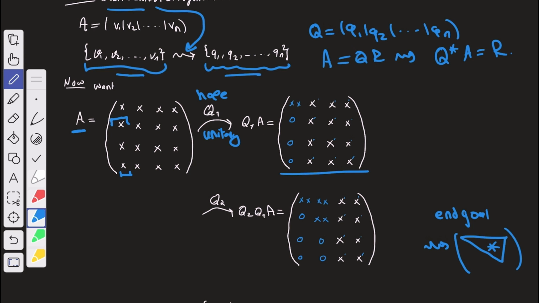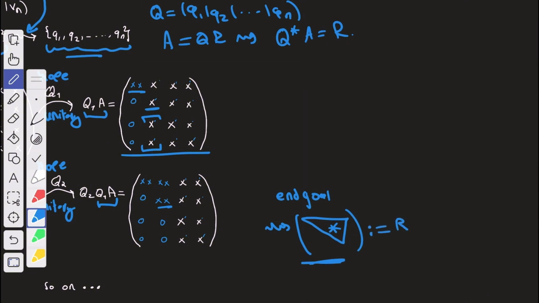Now we want to zero out the entries below the second diagonal entry. So again, we hope to find a unitary matrix Q2 such that when we multiply it by the last matrix we had, we zero out the entries below this diagonal entry, and so on and so forth. We keep multiplying by unitary matrices so that we get an upper triangular matrix, which we're going to call the matrix R.